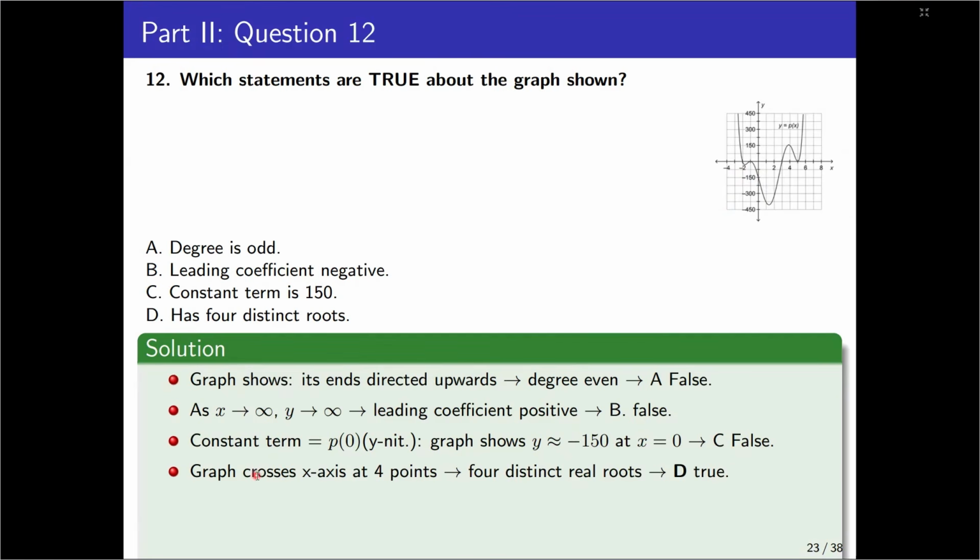Next, the graph crosses the x-axis at 4 points. Here we have one between -2 and 0, one between 0 and 2, another between 2 and 4, and one between 4 and 6. So here there are 4 distinct real roots.